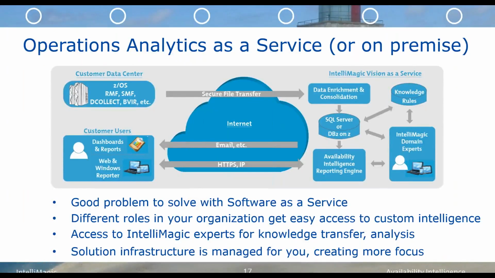Again, the best practice for our software as a service customers is to automate the FTP of the data to us. It's mostly RMF and SMF, but there's other things like DCOLLECT, or if you're talking about the virtual tape environment, like an IBM TS7700 environment has BVIR data. That's where we get the knowledge about the utilization of the physical components in the virtual tape devices. Same kind of thing applies to Oracle as well.